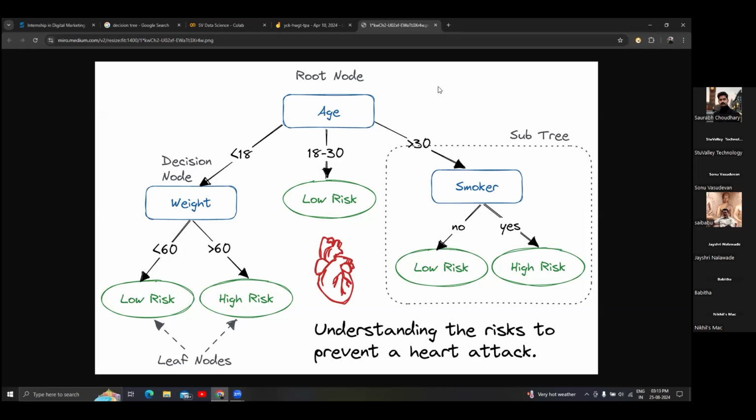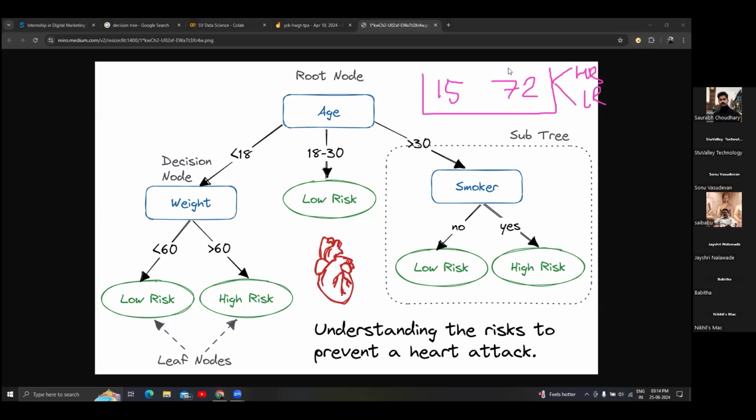Suppose they are asking about a person whose age is 15 and weight is 72. Tell me, is he at high risk or low risk?